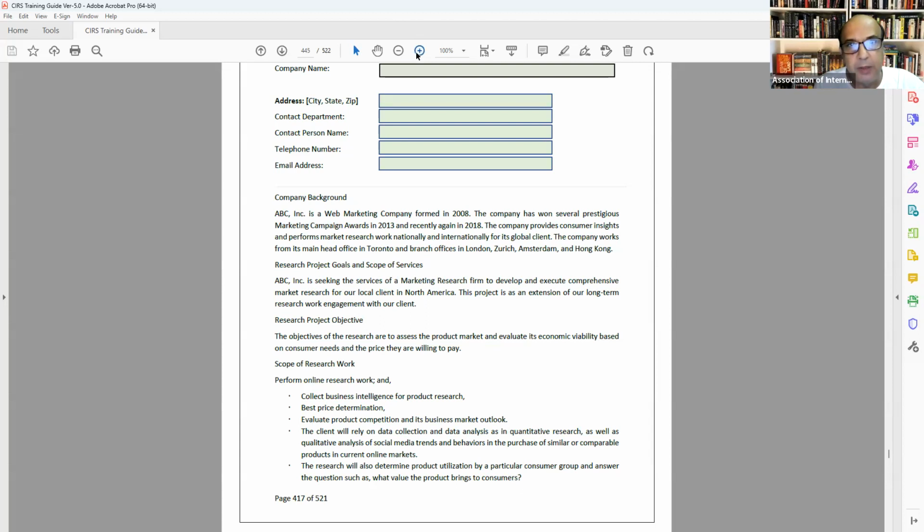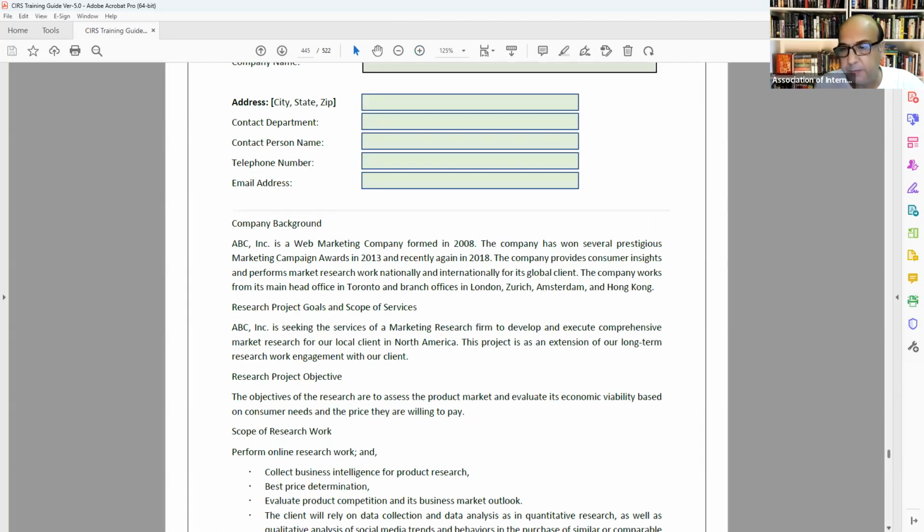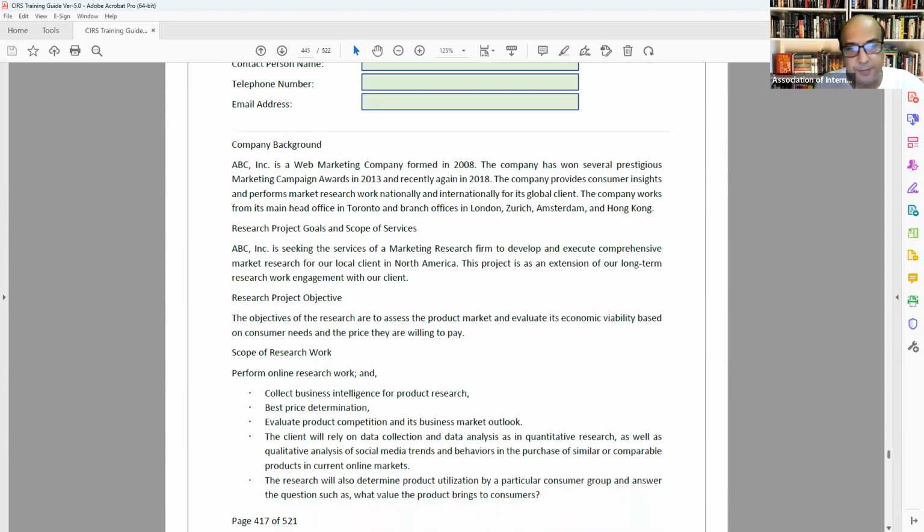Now, if you'd like to read this, it says the client will rely on data collection and data analysis as in quantitative research. So there is an element of quantitative research. Data collection obviously is involved, which has to be mostly numeric in nature, as well as qualitative. So it requires both, and then there are analysis techniques that need to be applied.